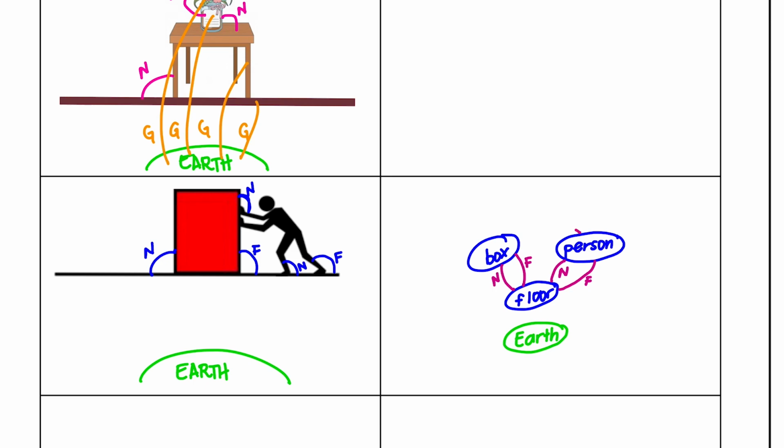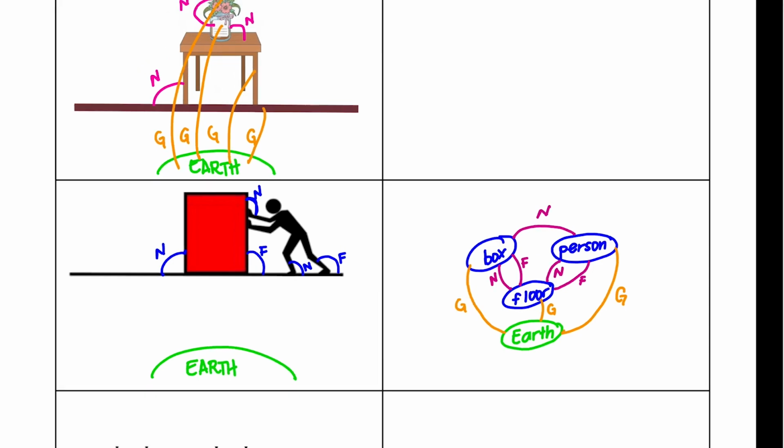Okay, and then the person that's pushing the box. And then we've got the box with the gravitational force, the floor with the gravitational force, and also the person with the gravitational force. And then this would be considered a complete interaction diagram for this problem. Okay.